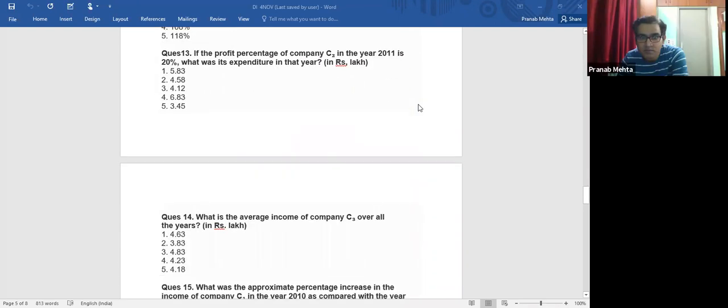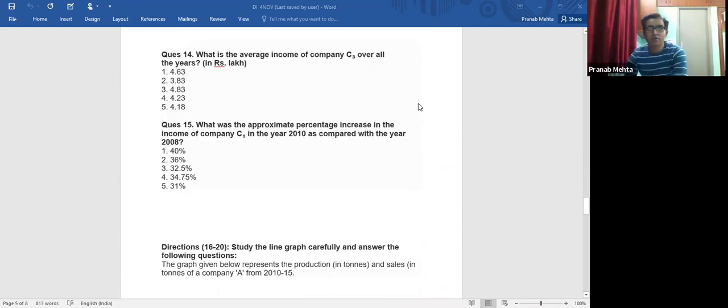Let us go with the last one, question number 15. What was the approximate percentage increase in the income of company C1 in the year 2010 as compared to the year 2008?